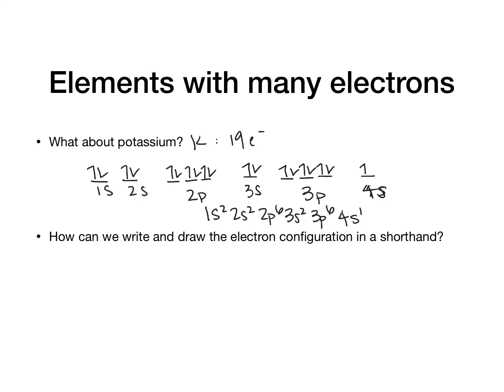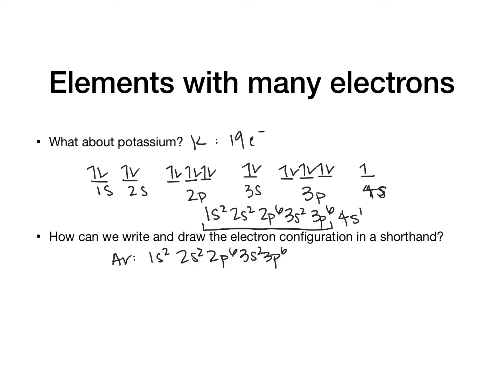The noble gas configuration says that this configuration right here is the same as a previous noble gas, argon. Argon is element 18, and it has 1s2, 2s2, 2p6, 3s2, 3p6. So this is the noble gas configuration, or the noble gas electrons.